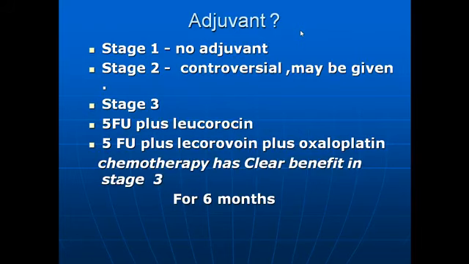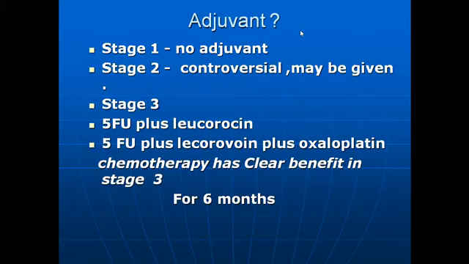So in stage 3, what adjuvant therapy is given? 5-fluorouracil plus leucovorin. 5-FU plus leucovorin plus oxaliplatin has a clear benefit in stage 3, and it is given for 6 months. This is a very important message.